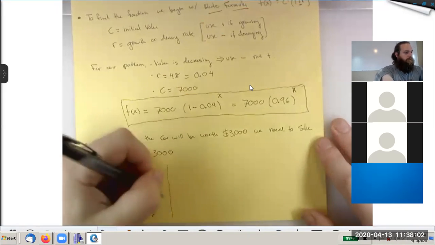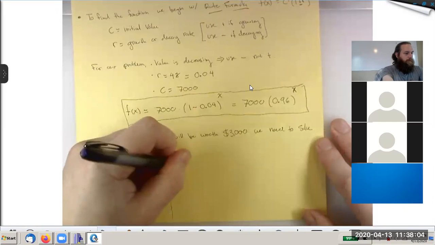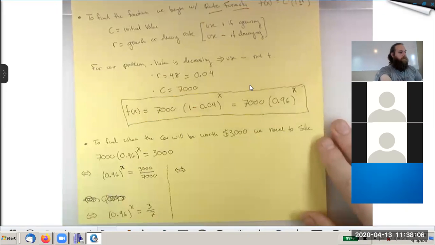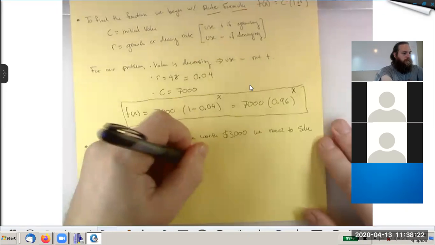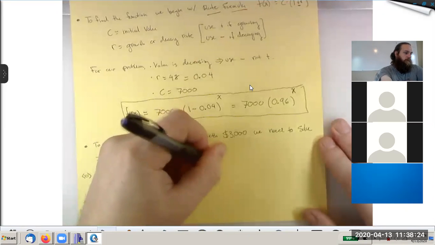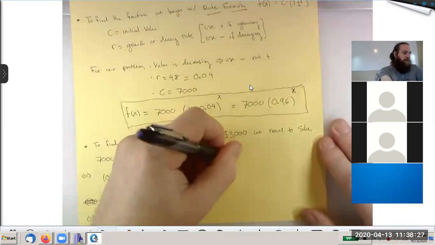I'm going to continue this up here. From this step, I want to get my x now down out of this power. I've got the term with the x in it isolated, and the trick to getting something down out of an exponent is to take logs. So now I'm going to take logs on both sides.